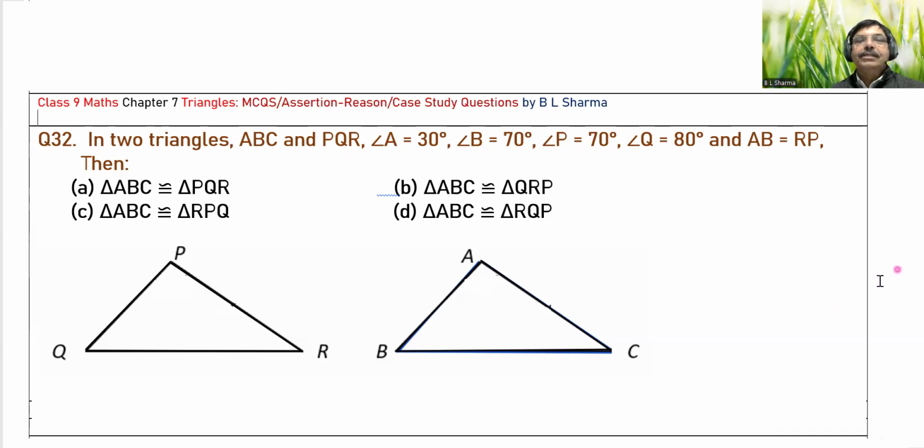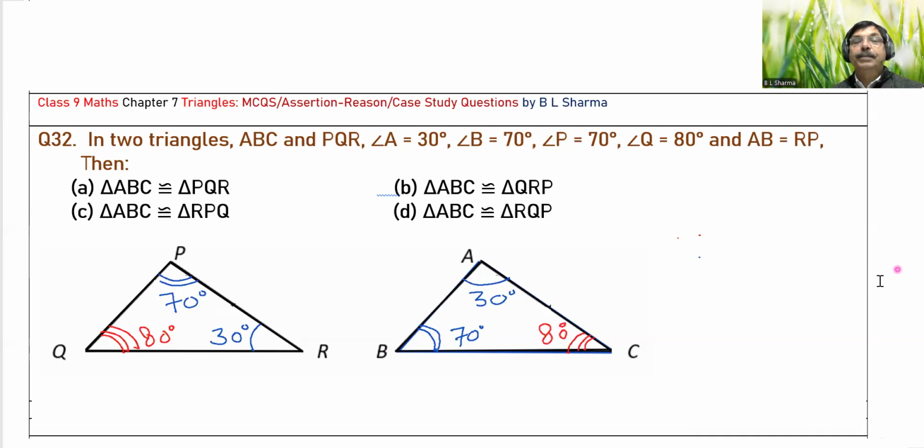It is given angle A is equal to 30 degrees. Angle B is 70 degrees. Angle P is 70 degrees, sorry, and angle Q is 80 degrees. By angle sum property, angle R is 30 degrees. And by angle sum property, angle C is 80 degrees.